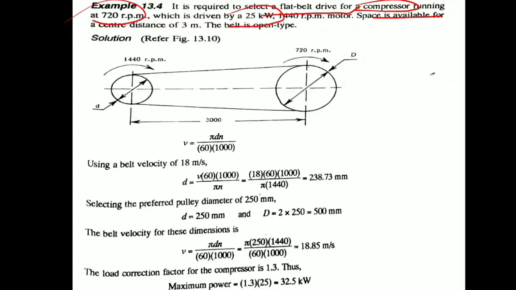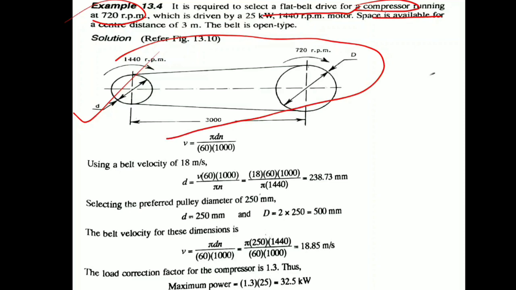This is the motor rpm, smaller pulley, and the bigger pulley rpm is 720. The space available for the center distance is 3 meter. The belt is open type, they have suggested. Clear? I have drawn the diagram showing the center distance, diameter, rpm. Both are in the same direction.